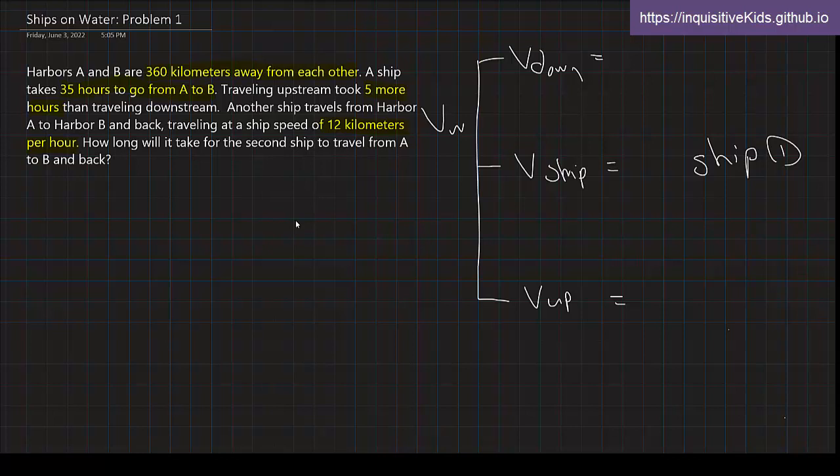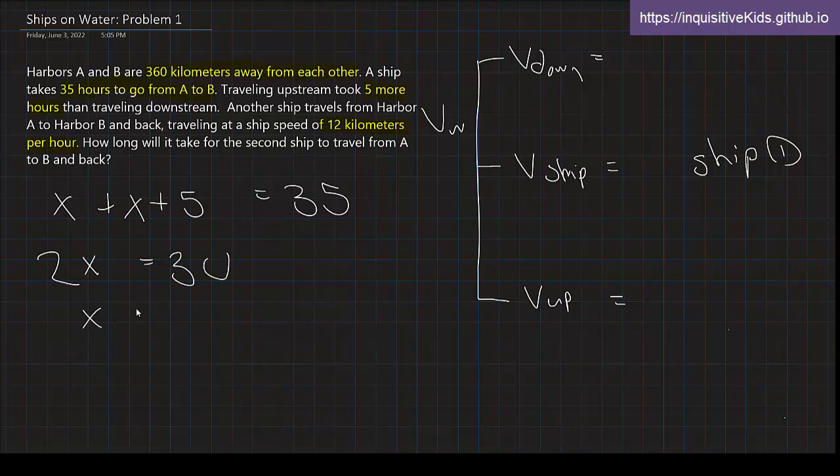So we know that they are 360 kilometers away from each other. They're 2 harbors. And in all, the ship took 35 hours to go from A to B. But traveling upstream took 5 more hours than traveling downstream. So x plus 5 is equal to 35 hours, and x is going to be the amount of hours it took to go downstream. So this would be 2x equal to 30.